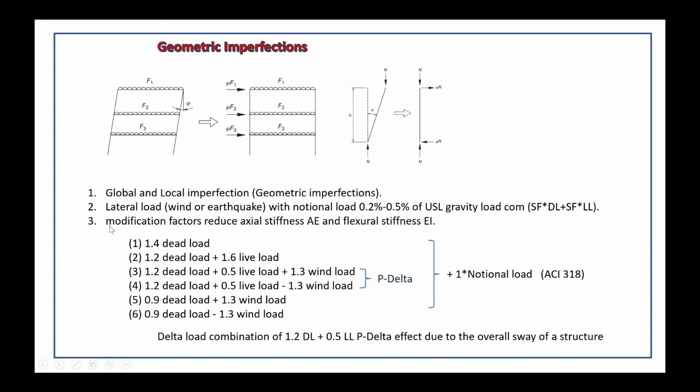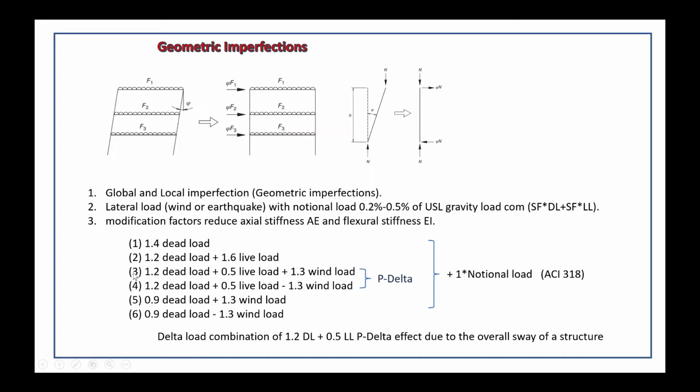And don't forget about the modification factor to reduce axial and flexural stiffness. You have to reduce stiffness. This one you also follow the code, and this one is for the ACI code for load combination. 1.4 the dead load, 1.2 the dead load multiplied with 1.6 live load, and load combinations 3, 4, and 5.